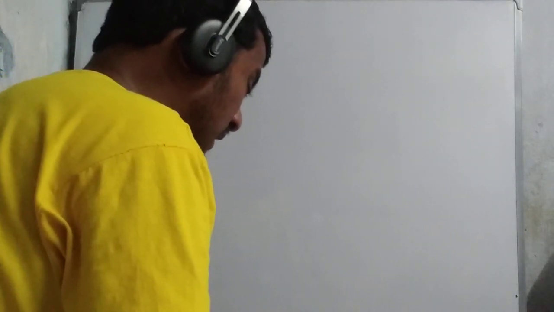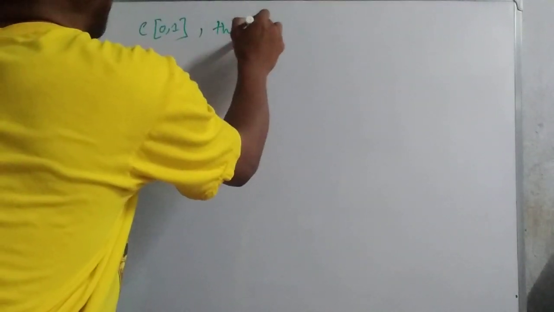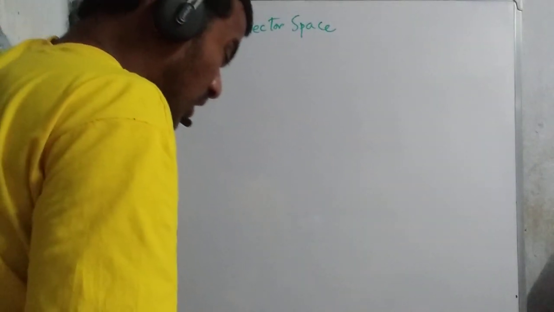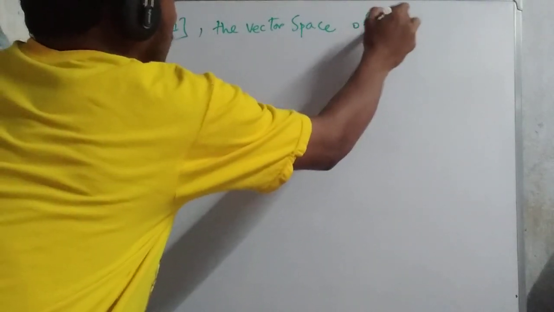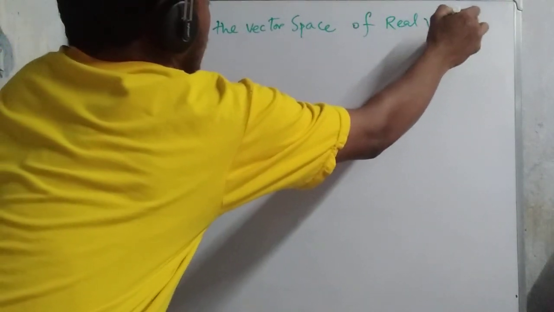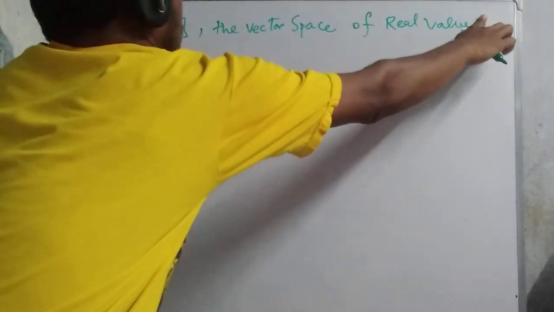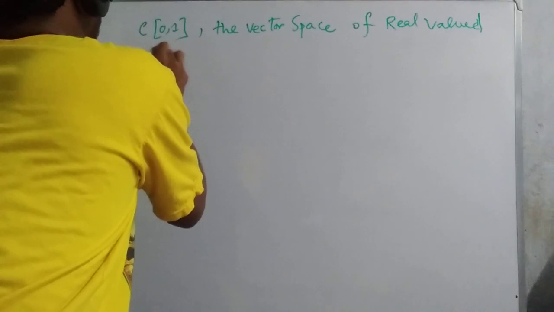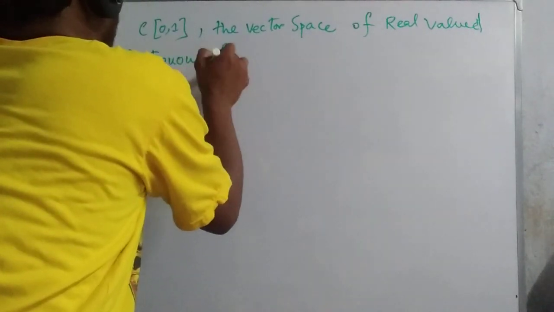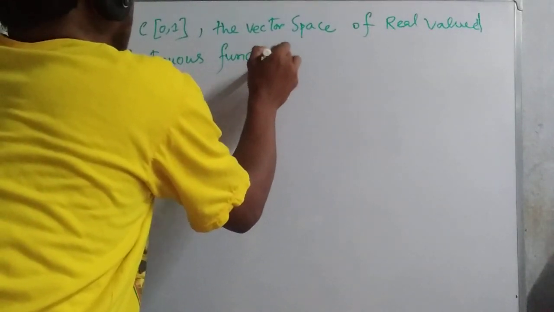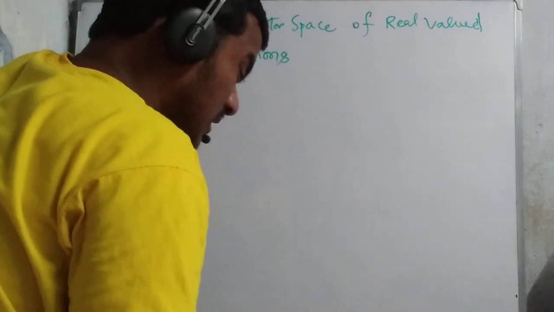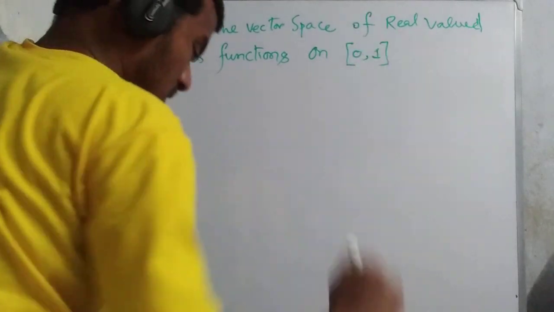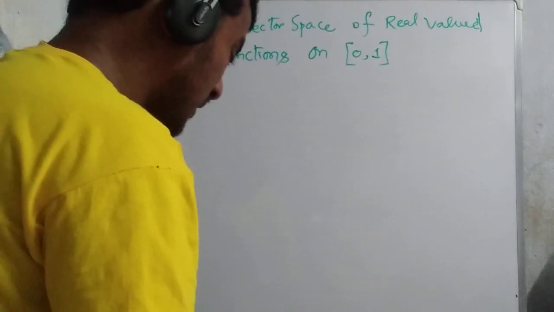The vector space of real valued continuous functions on [0,1]. Then what happened?